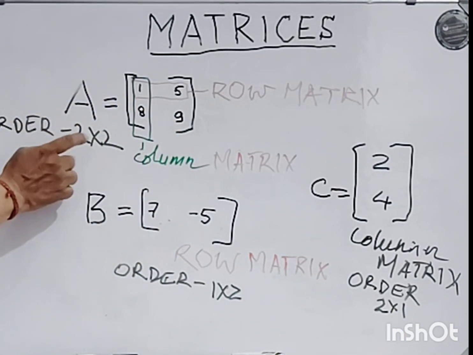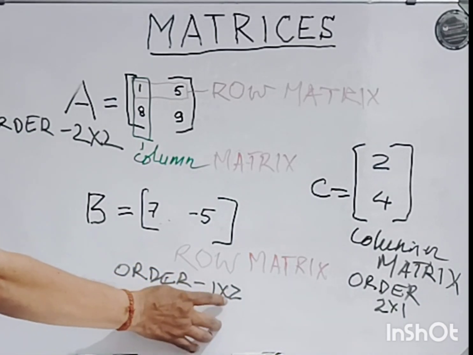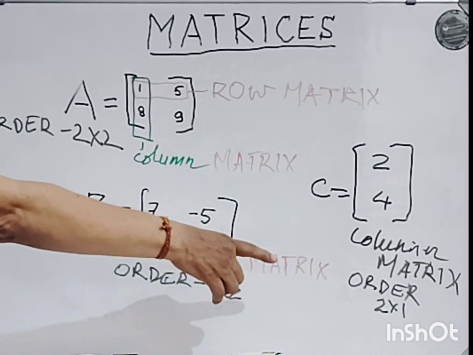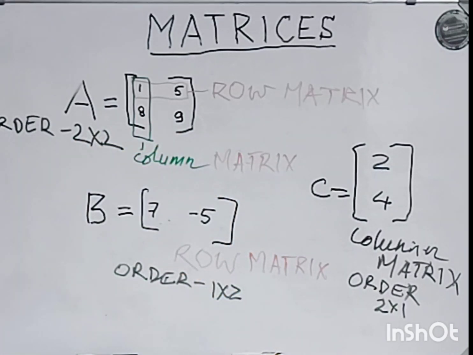So the first one is row, the second one is column. So the number of rows and the number of columns determine the order of a matrix.